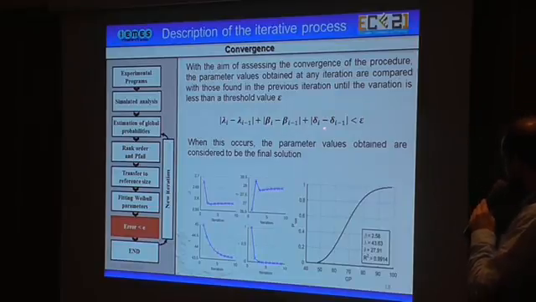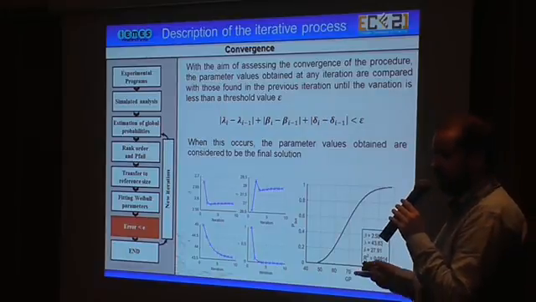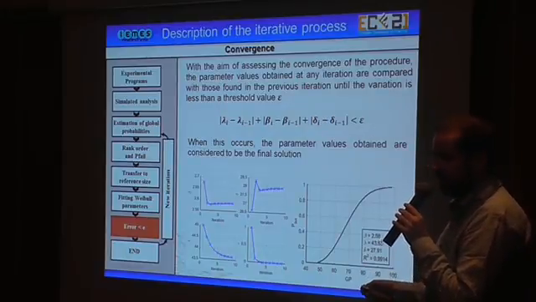When this occurs, we can assume that our primary curve is a material property and allows us to obtain the probability of failure for any kind of geometry.